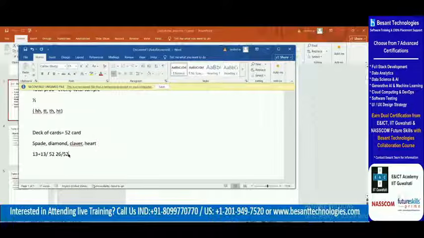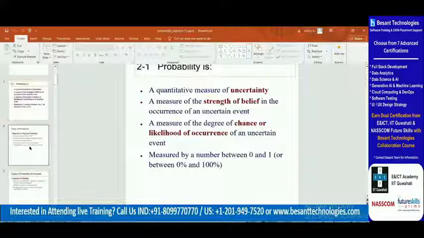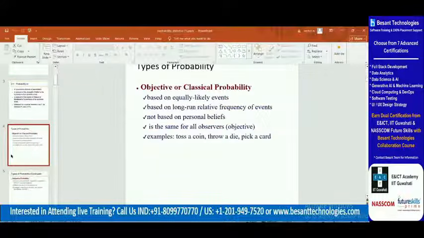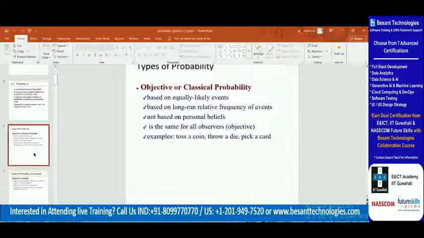Okay. So this is how the concept is evaluated, and how probability works. This probability consists of two types. One is classical probability, and the next one is subjective probability.